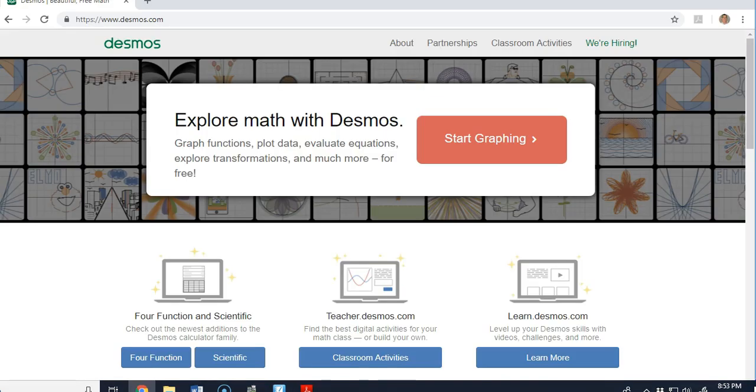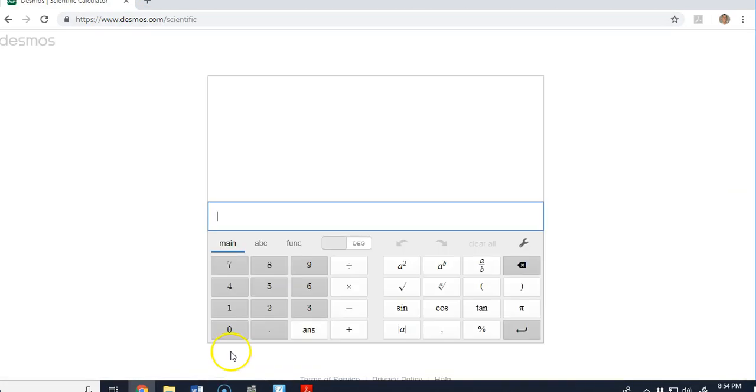I'm also going to show you how to do it in Desmos because a lot of you don't have your own graphing calculator. So you just go to desmos.com. Don't hit start graphing because we're not going to graph anything. You want to go to the scientific calculator. Now it's super easy to use. You're just going to make this fraction out of pressing this button.